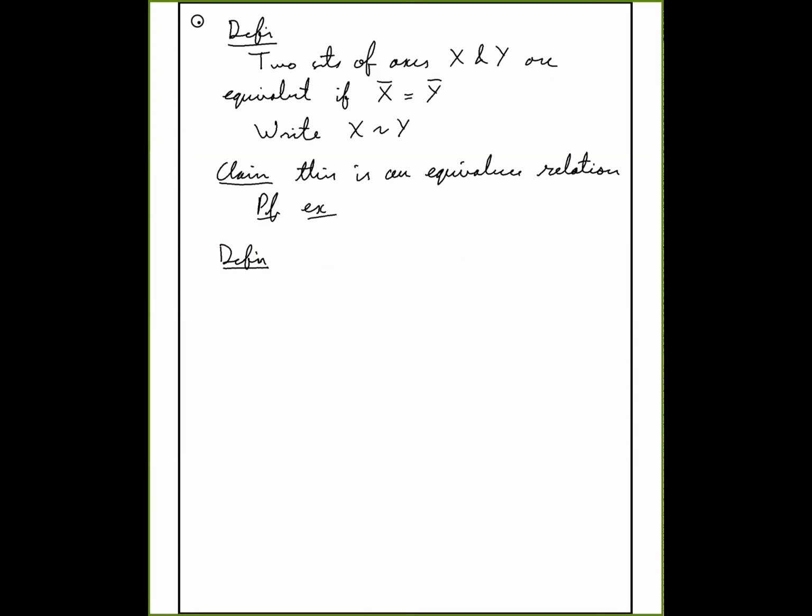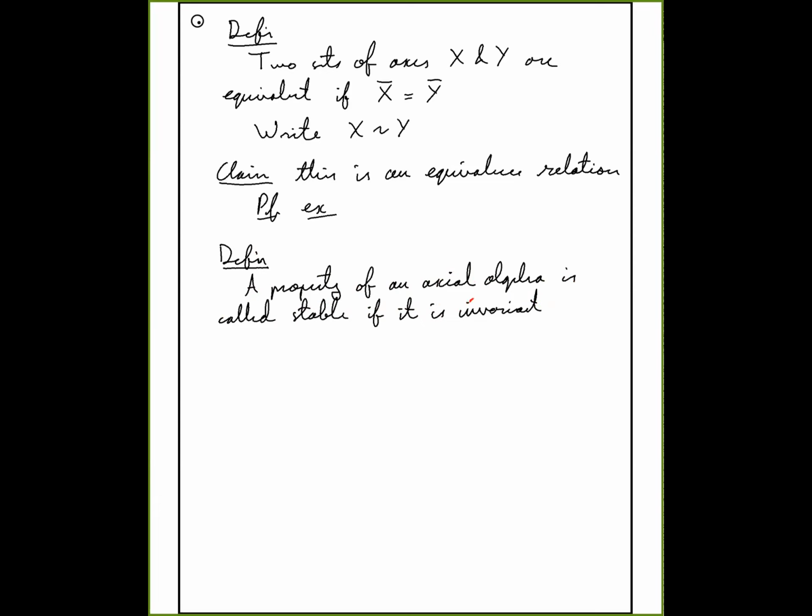So a definition: a property of an axial algebra is called stable if it is invariant under equivalence of axes.